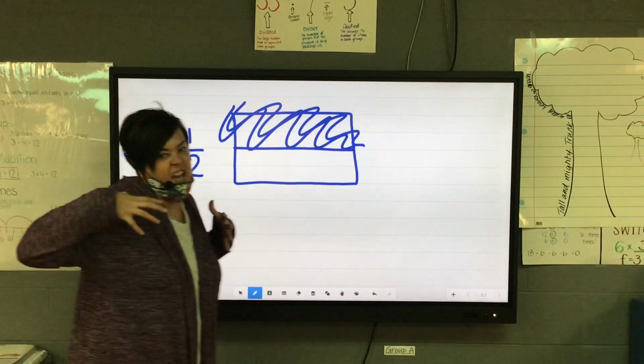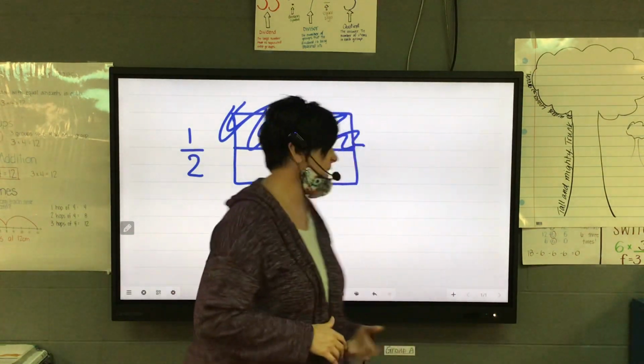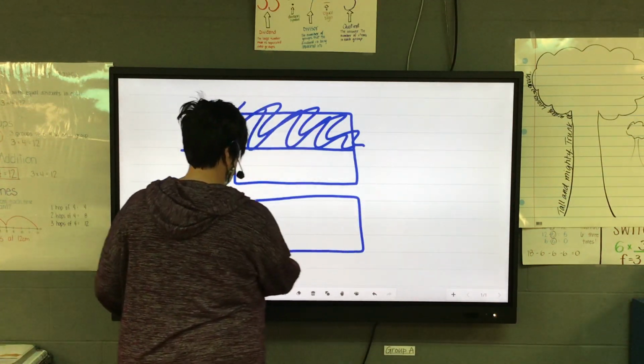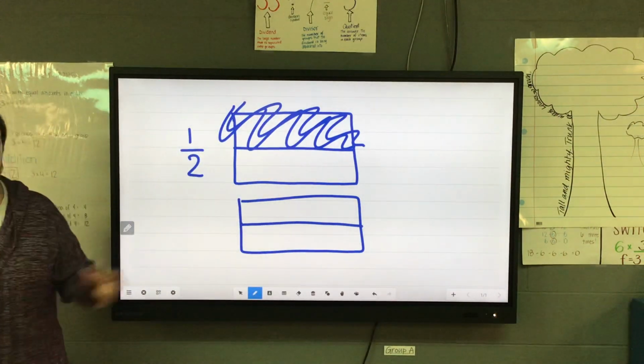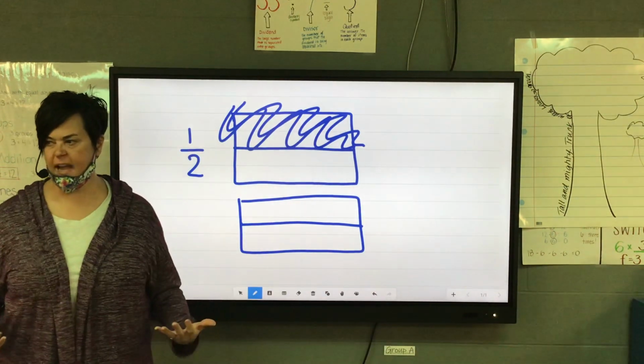What if I decide I'm not giving any of it away? I'm going to keep the whole thing to myself, even though it's split in half, right? How much of it do I have?